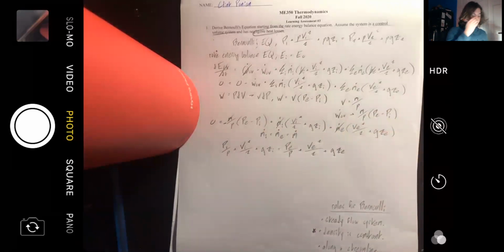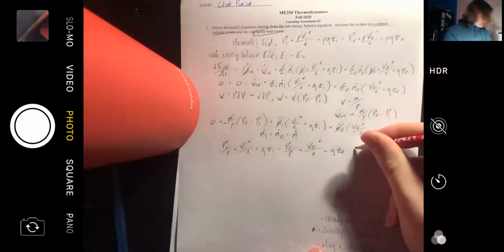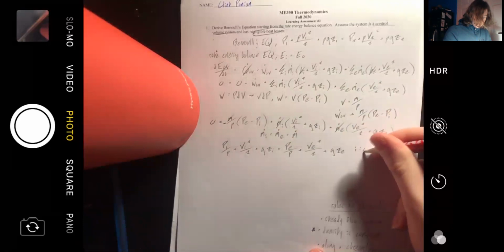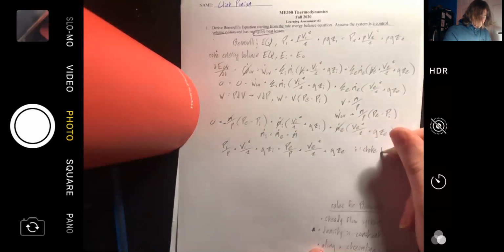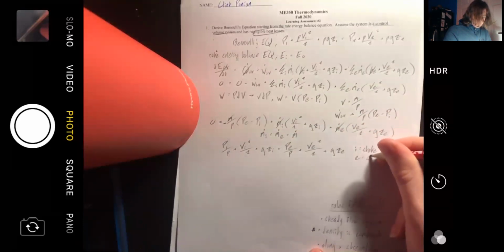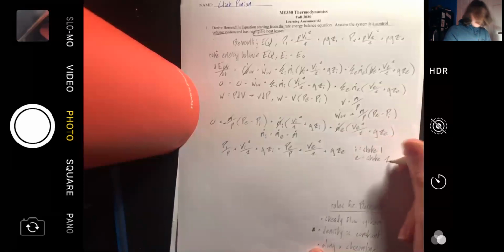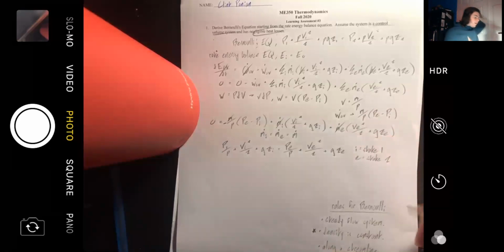Okay, now before I redistribute the density, I'm going to say that I is state 1 and E is state 2, like point 1, point 2. Now I'm going to multiply everything by rho.